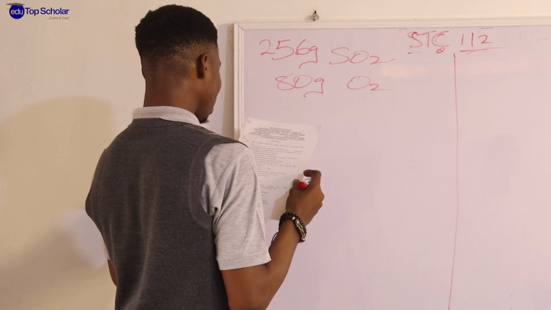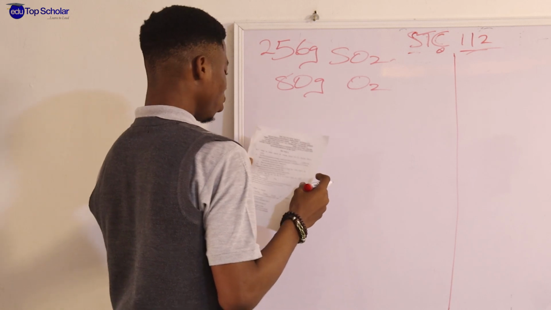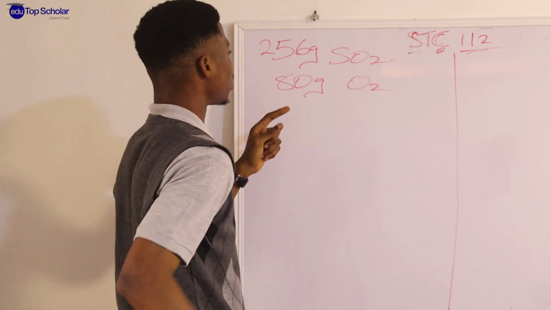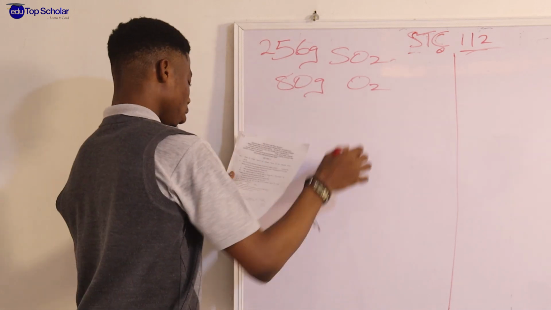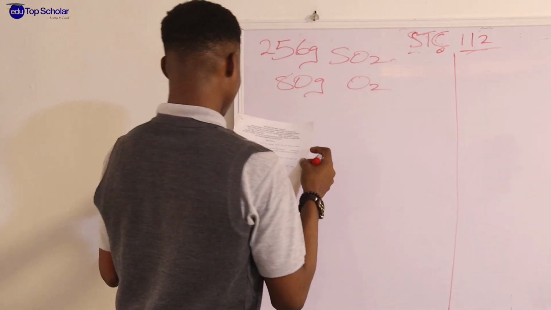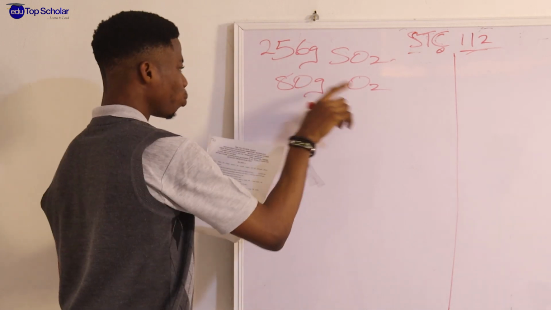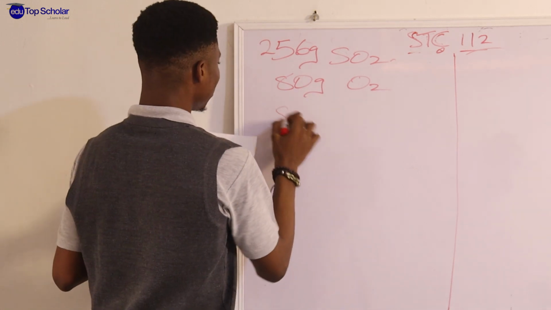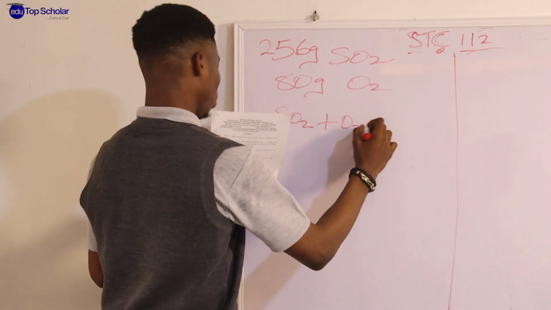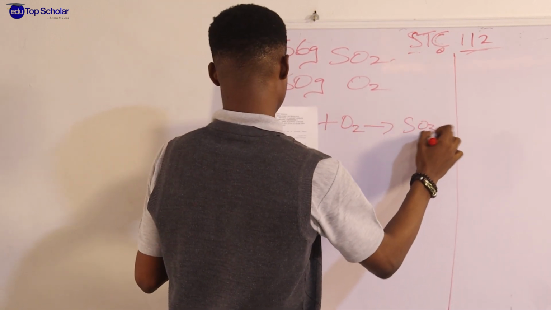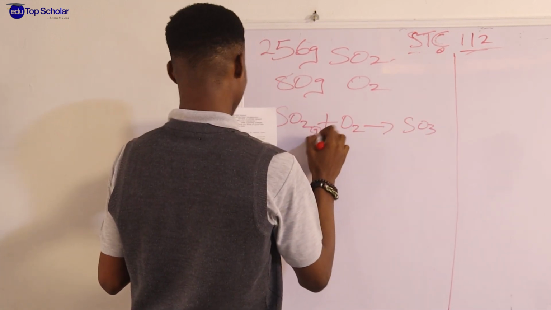The contact process is given by the equation below. Actually, this is one of the processes. The contact process is one of the processes used to produce tetraoxosulfate 6 in the industry. But this is the third process that we're about to write out. This is SO2 plus O2 to give you what? SO3. They are all in the gaseous state.